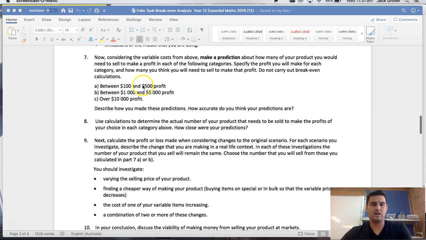Okay, so I might say that I need to sell, I don't know, 30 of my hats that I've made to sell at the car boot sale, and I guess that they're going to make me $350 profit. All right. When we get down to question 8, we'll actually say, all right, how much profit do I actually make when I sell 35 of those, and comment on how close we were in our predictions.